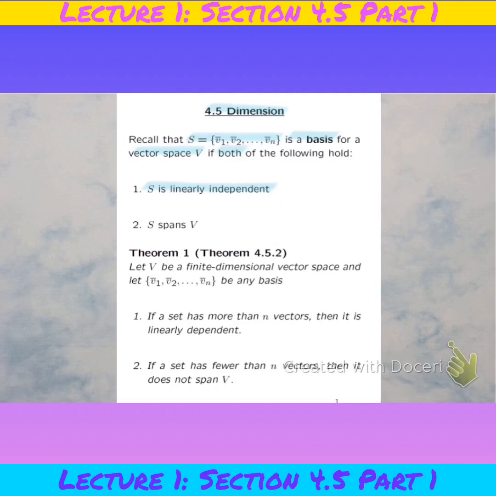Alright, and the second property that needs to hold is that S needs to span V. Now what does it mean for S to span V? It means every vector in V is a linear combination of the vectors in S. Okay, so basically what you do is you take a vector from V. Okay, and now we need to find scalars k1, k2 up until kn, such that the following holds.